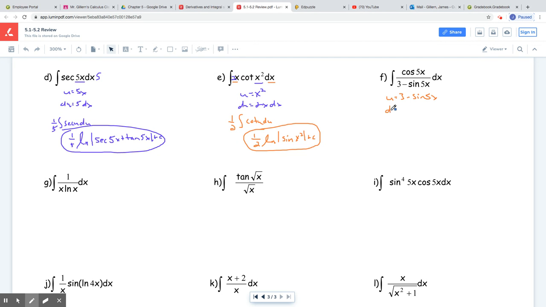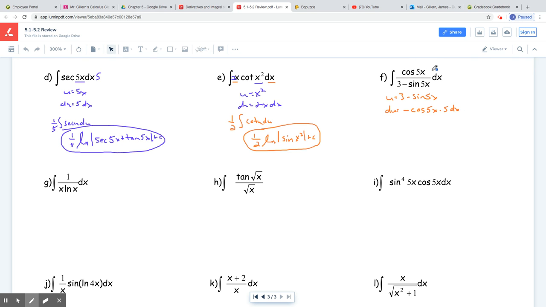The derivative of 3 is 0. The derivative of negative sine 5x is negative cosine 5x. This is negative because the derivative of sine is cosine, but since it's negative sine, it's going to be negative cosine. Negative cosine 5x times 5 dx.